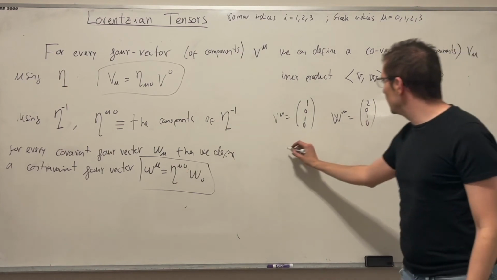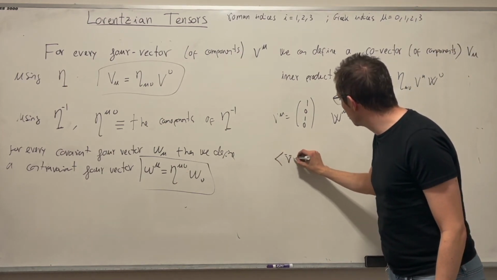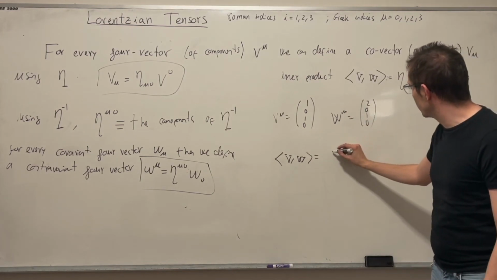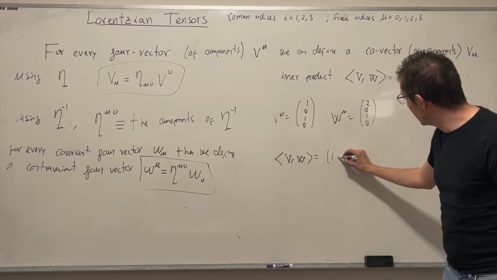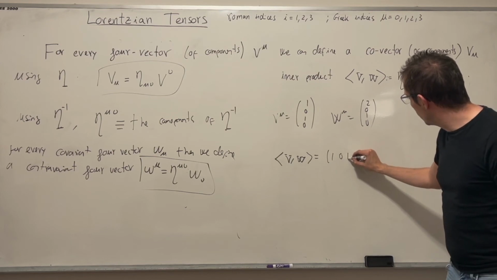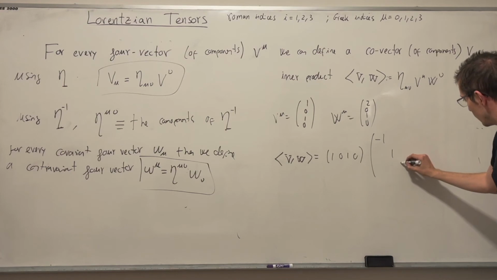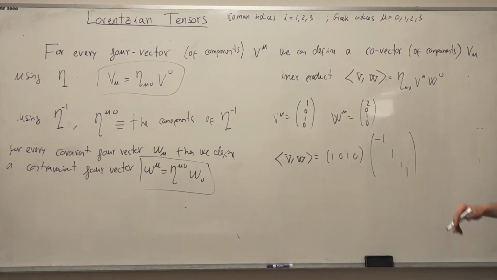Well, let's compute it. The Lorentzian inner product between them is equal to, I can do it as a matrix product if I want. I can put the V like that, 1, 0. I put the metric here, which is the same as doing the sum, minus 1, 1, 1, 1, if you remember from the first video that we recorded.